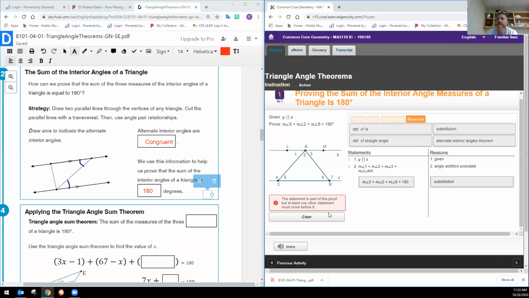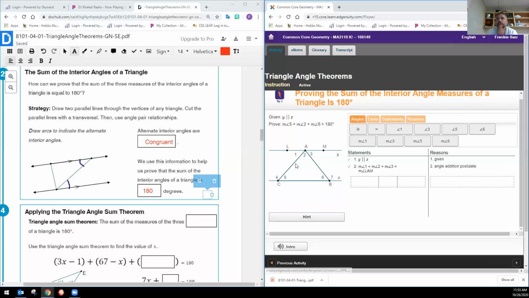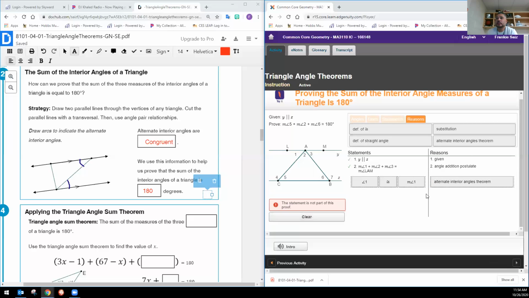Okay, so let's clear that. So now we're looking at the measure of angle 1 is congruent to the measure of angle 5. That's because of this one. But why isn't that part of the proof though?